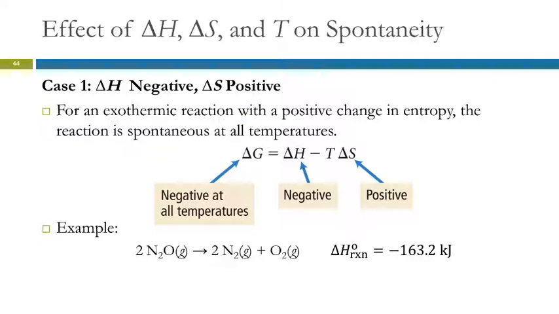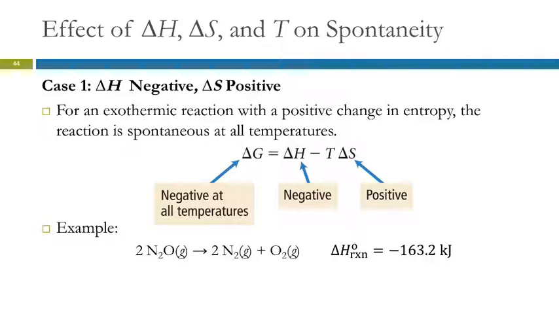Even without understanding what Gibbs free energy is, delta H negative is an exothermic process, right? Those tend to be spontaneous, and the change in entropy for the system is positive.